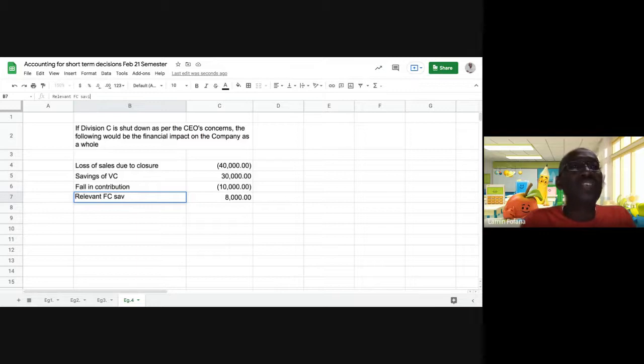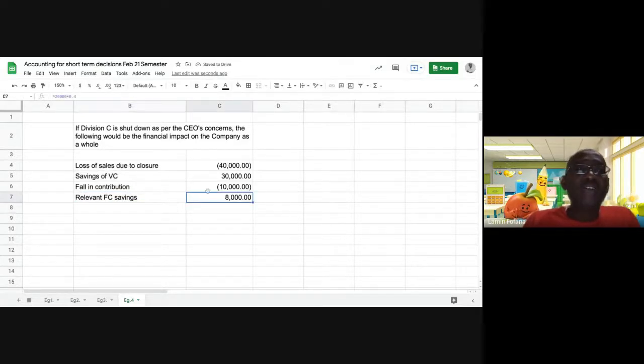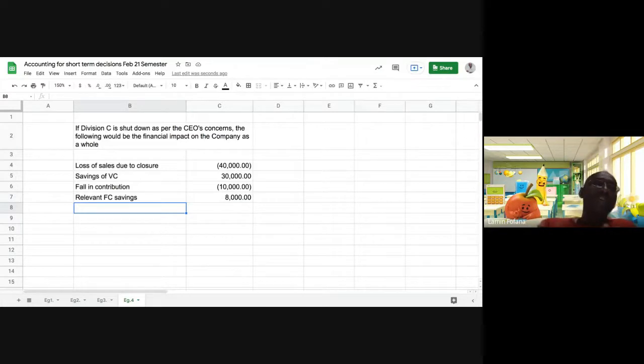It's also savings, isn't it? It's also savings of 8,000. So we have a fall in contribution of minus 10, and we have cost savings of 10. So our contribution, will it be negative or positive still?